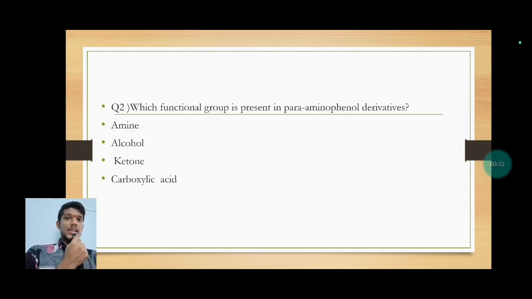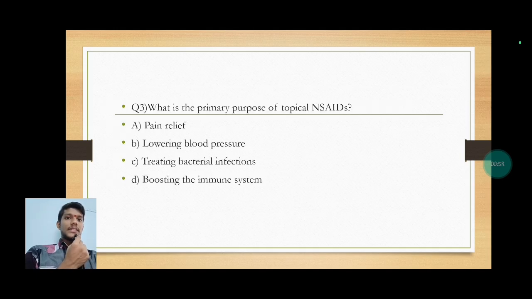Next one. Question number 2. Which functional group is present in para-amino phenol derivatives? Option A, amines, option B, alcohol, option C, ketone, or option D, carboxylic acid. So, option A, that is amines.